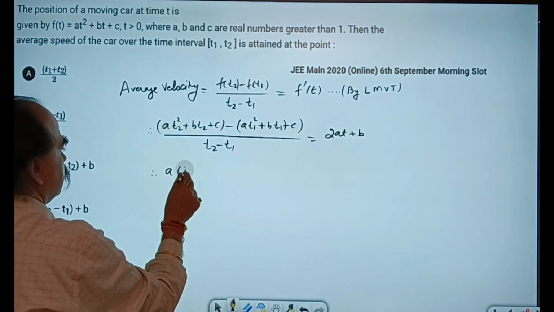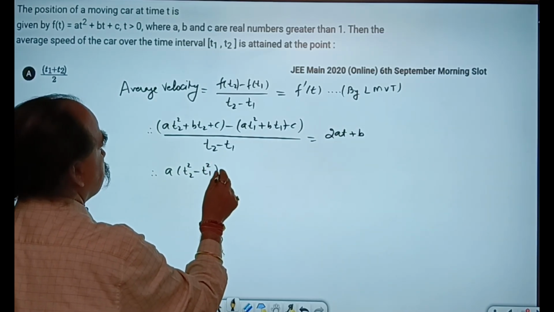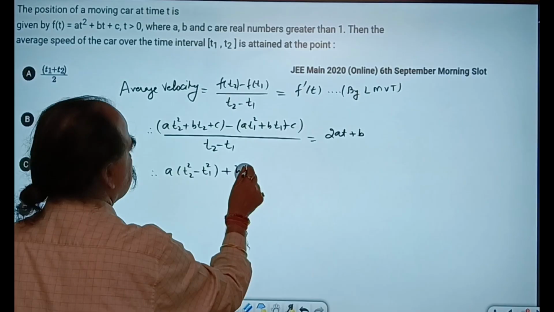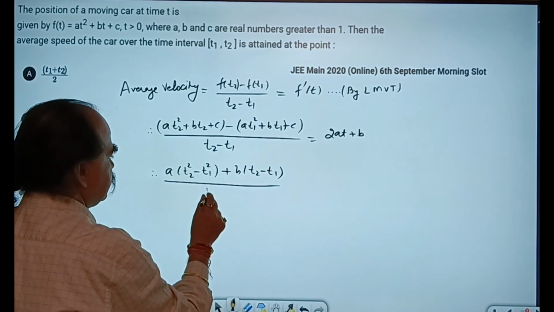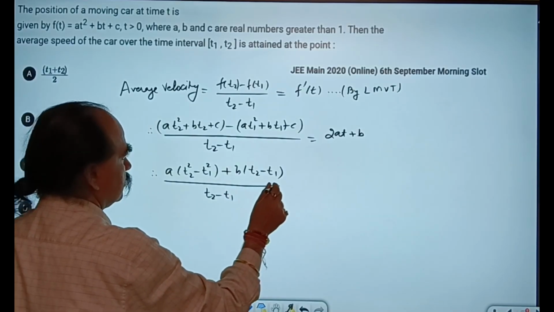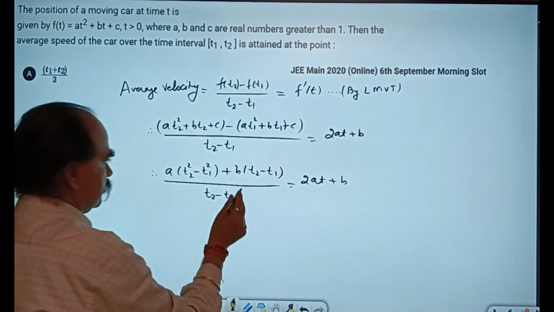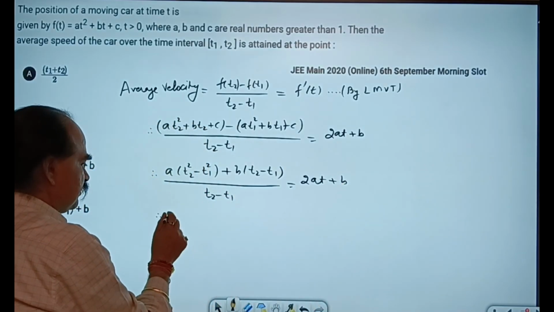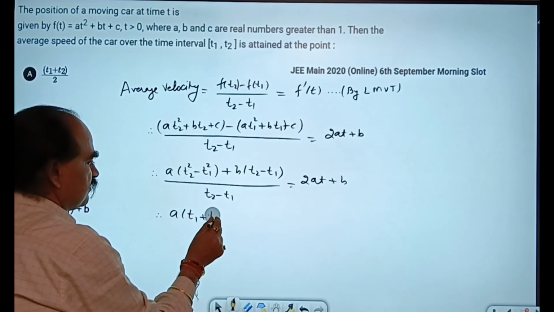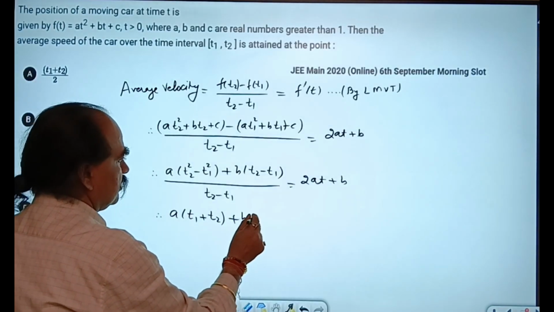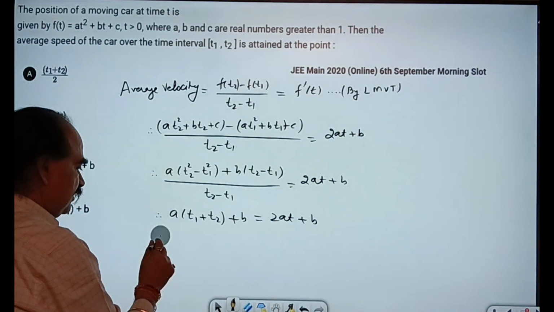Taking a common, t2 square minus t1 square, plus b common, t2 minus t1, upon t2 minus t1, equals 2at plus b. Separating the factors, a(t1 plus t2) is left plus b, equals 2at plus b, and b will get cancelled.